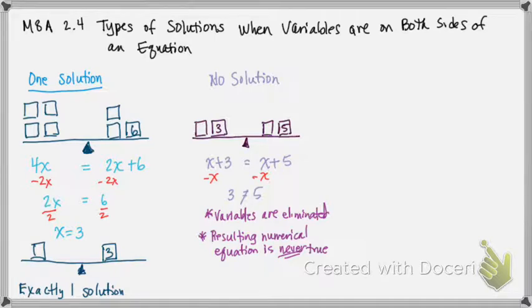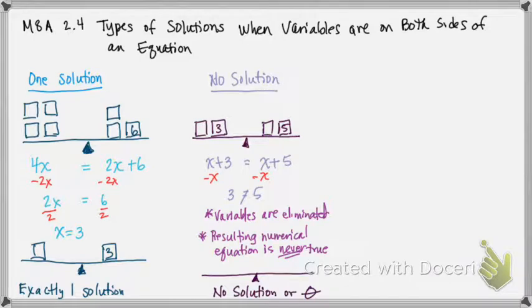So when you attempt to draw this solution, you really don't have anything you can put on there because you don't have anything that's true. There's nothing that balances because it doesn't make sense. So you would say there's no solution, or you could use the symbol for the empty set. So again, that's a second possibility.